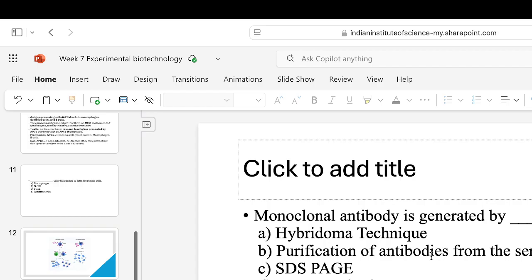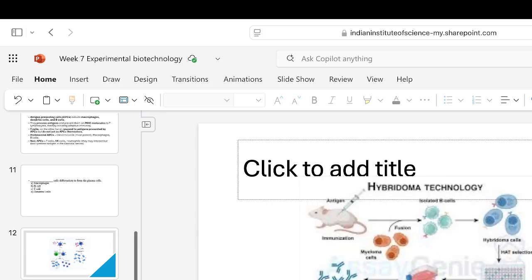Which is why we use this technique called the hybridoma technique. Here we take a mouse and immunize it with the antigen. This will help us form mature B cells. Now we fuse these B cells with myeloma cells. Myeloma cells are cancerous.